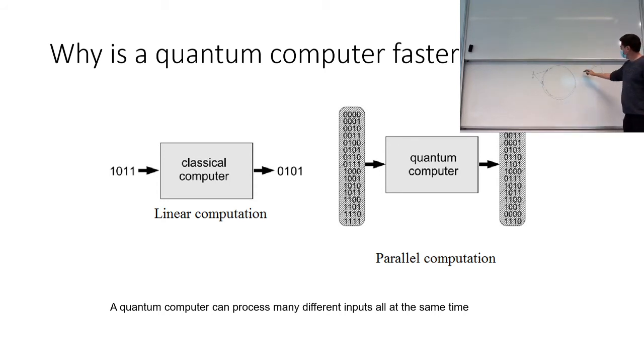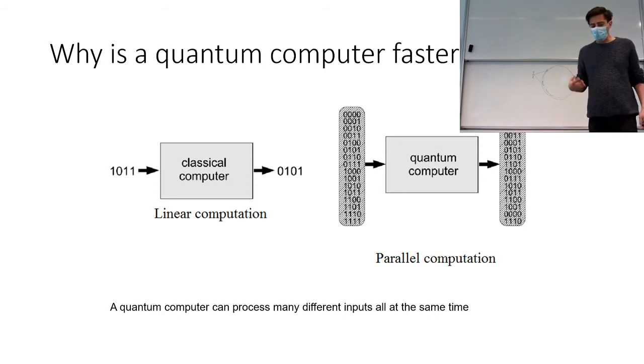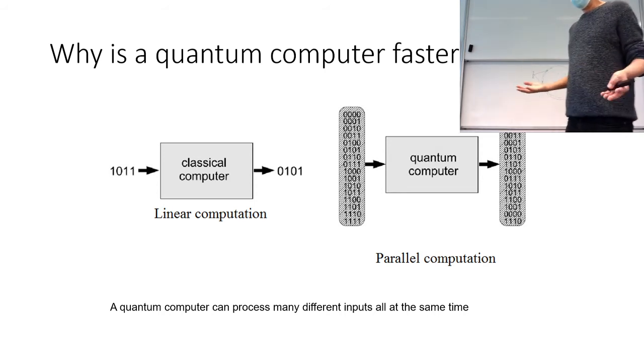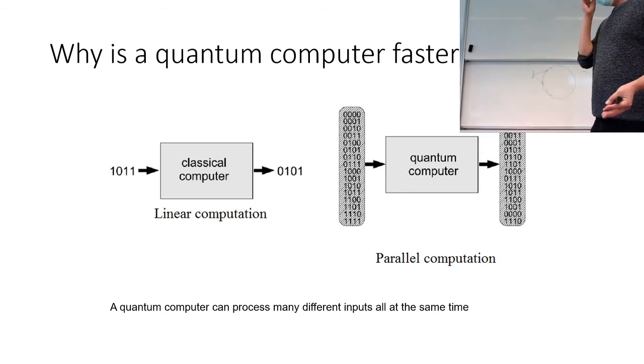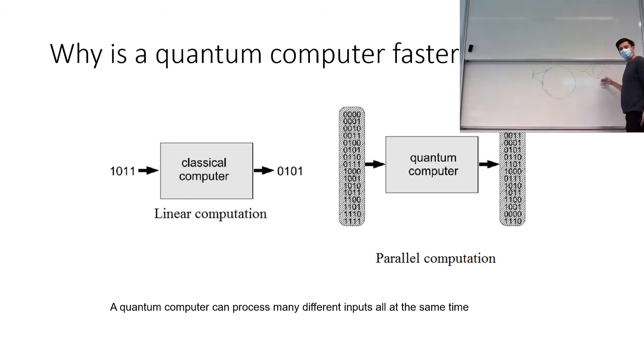Like a particle going around the top of a circle or the bottom, and you can do it at the same time. So this is one feature of quantum mechanics where you can have things in two states at the same time.